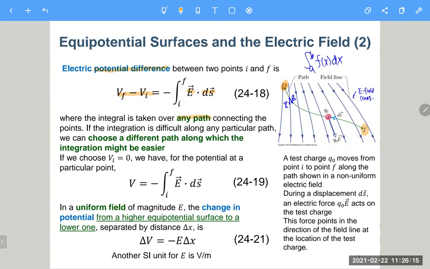So if we choose V_i equals 0, which means the initial point is infinitely far away, the potential at a particular point V would be like this.